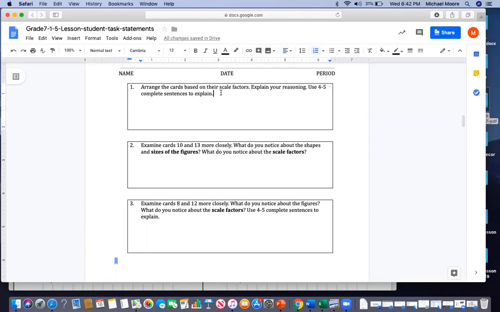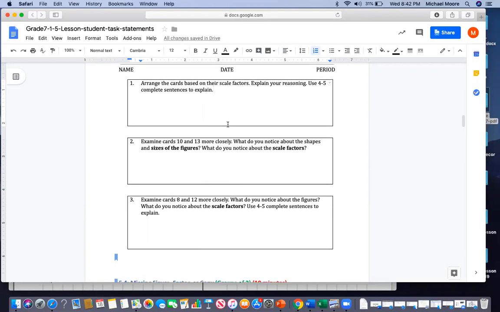And you would explain, you know this because after comparing corresponding sides, you were able to reduce the fraction once you arrange them in order of numerator and denominator from big to small and small to big.